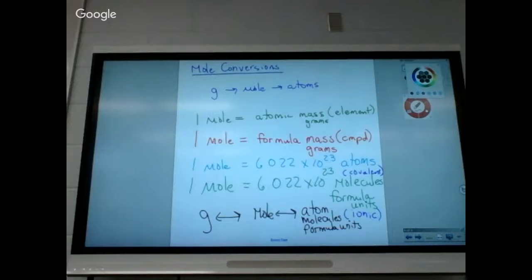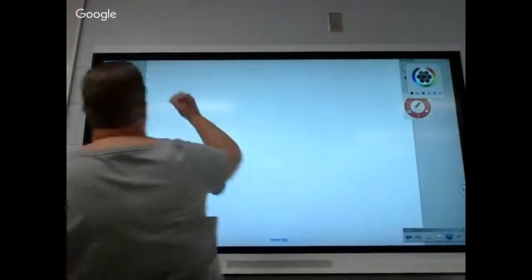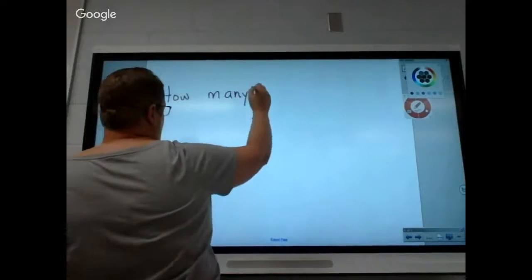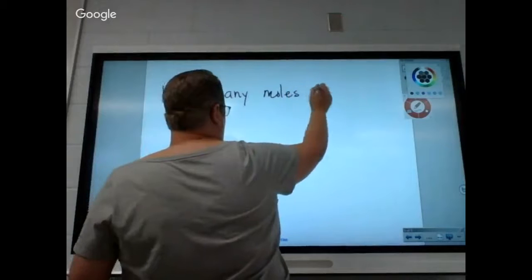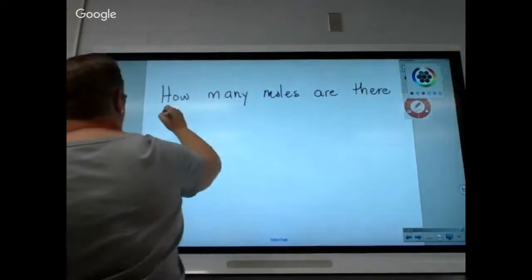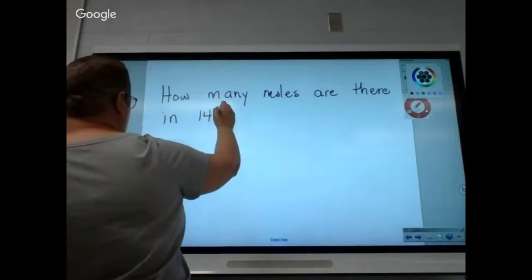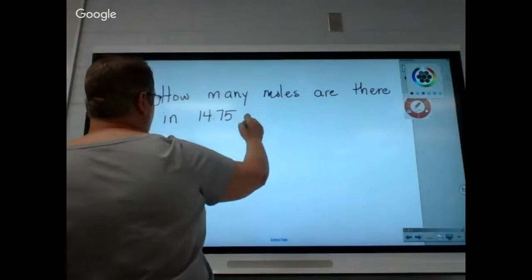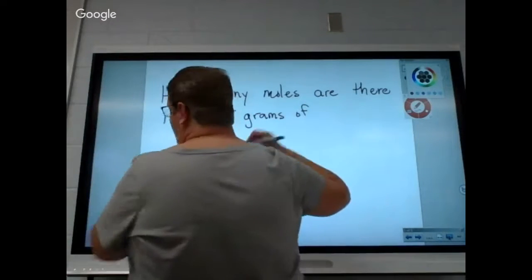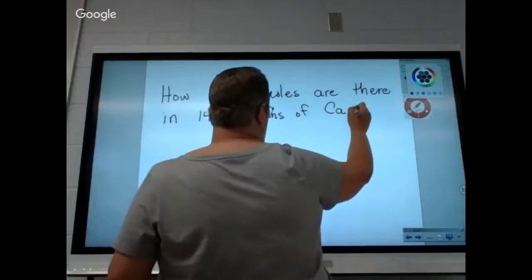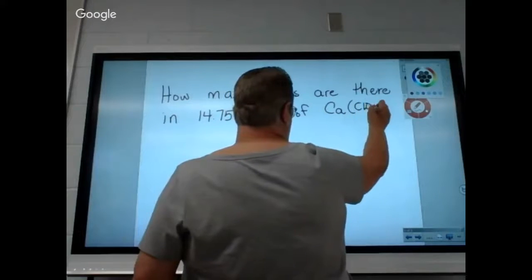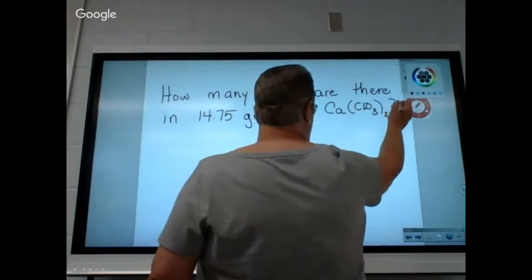So, suppose I want to know how many moles are there in 14.75 grams of CaClO3 with a 2, calcium chlorate.